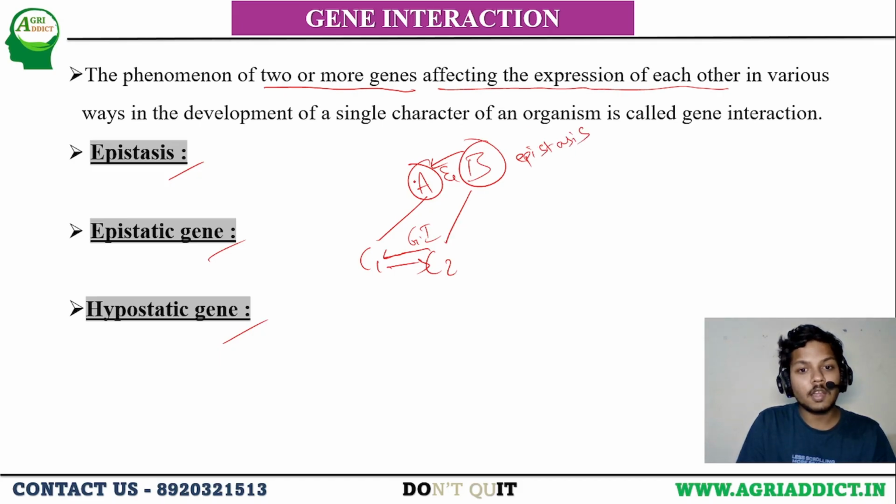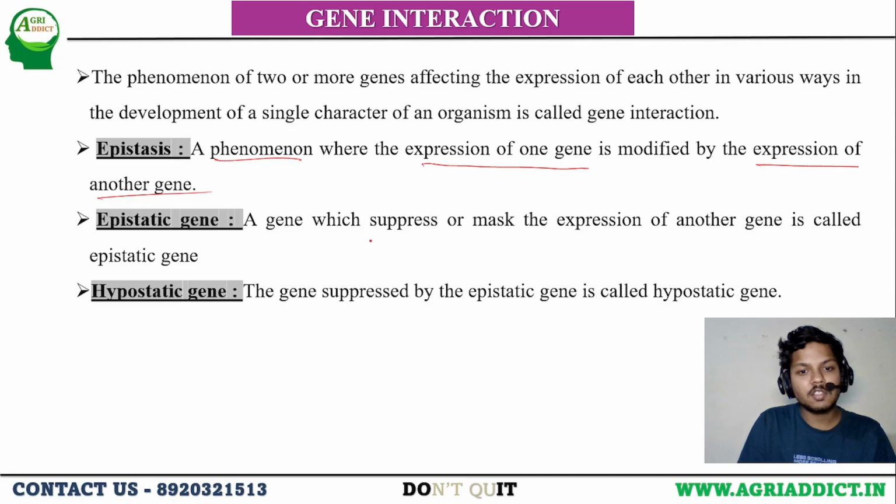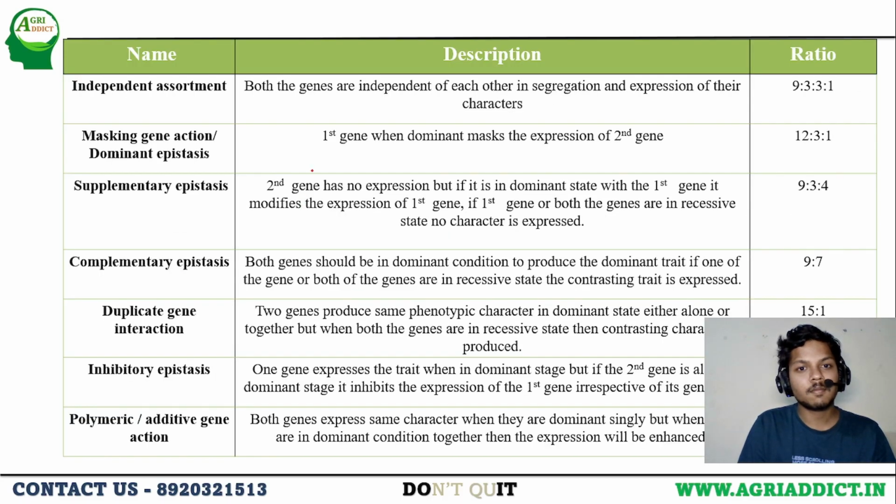Due to B, A's character is modified, so we call B the epistatic gene, and A is being modified or suppressed, so we call A the hypostatic gene. A gene which suppresses or masks is called the epistatic gene, and the one being suppressed is called the hypostatic gene.